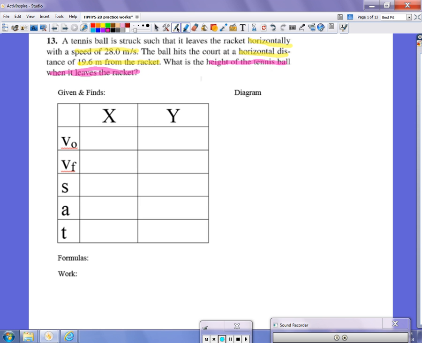Okay, so let's take a look at this. Best thing to do first is to do a diagram. So here's the ground, and here's the ball leaving the racket with a horizontal velocity of 28 meters per second.